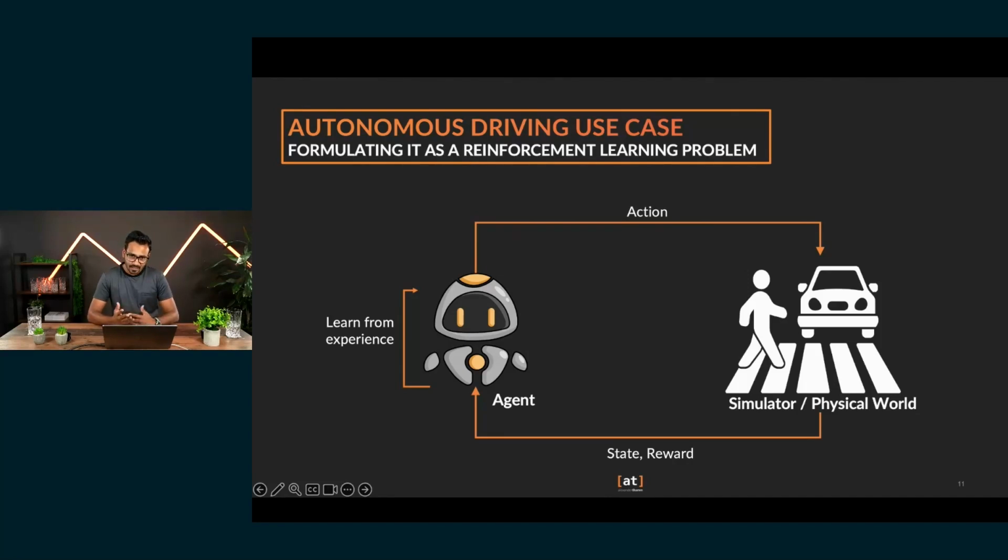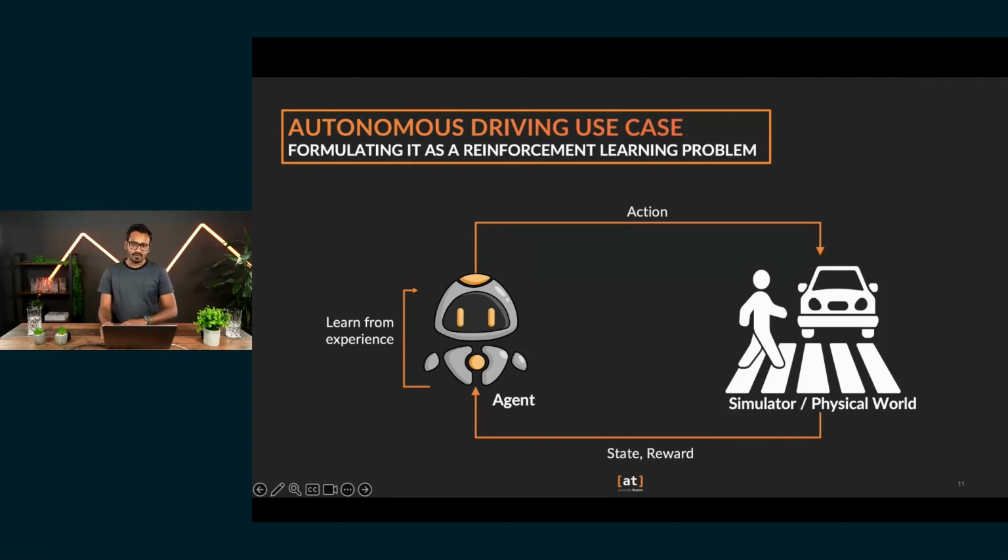For example, here the agent's goal is to stop the car in a safe manner so as not to injure either the pedestrian or the occupants of the car. Basically, it is responsible for deciding when it has to brake the car and how hard it has to apply the brakes to stop the car.